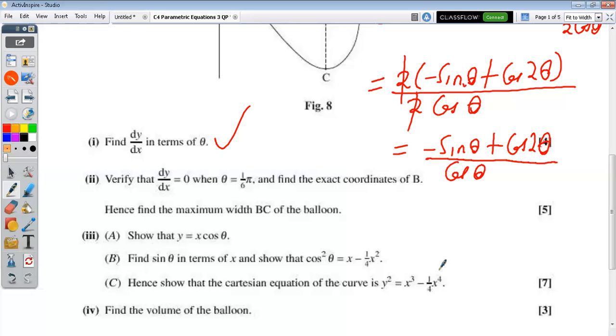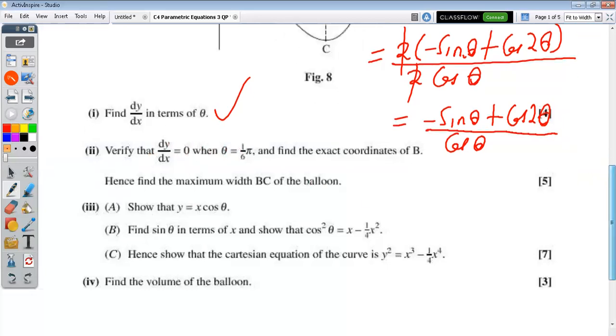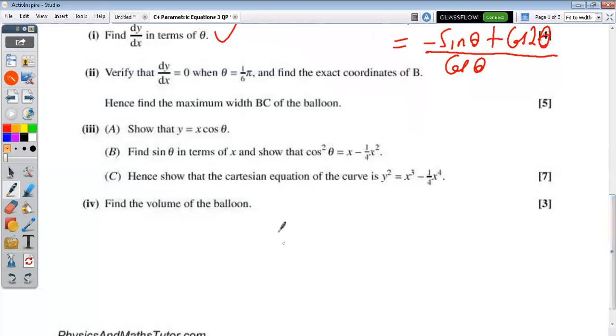So, verify that dy over dx is equal to 0 when theta is equal to that. Clear? So we now have the bracket. We're saying minus sine theta plus cos 2 theta divided by cos theta is equal to 0.